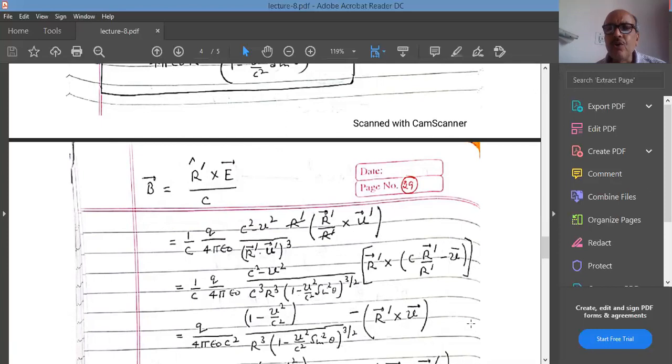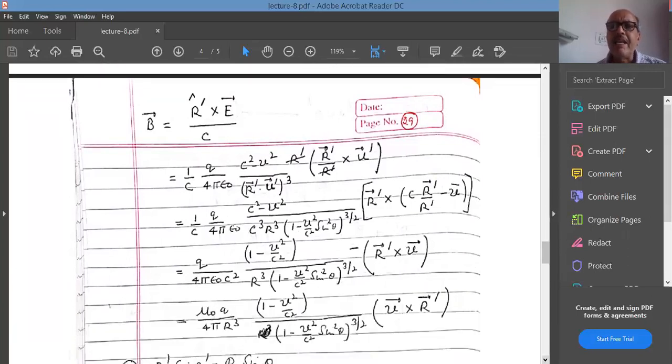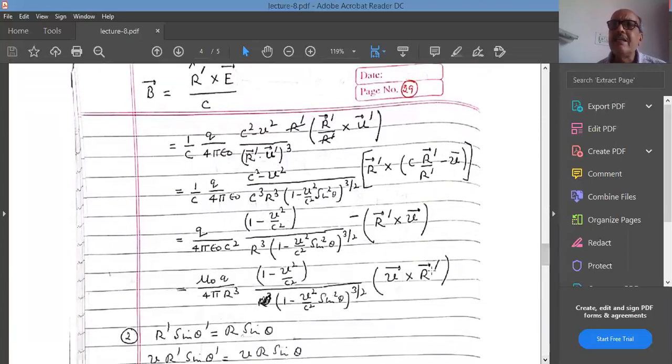So we now know all the terms except minus R dash cross B. Here we recall A cross B is minus B cross A. So here this minus sign will change the order. So I have written here B cross R dash.